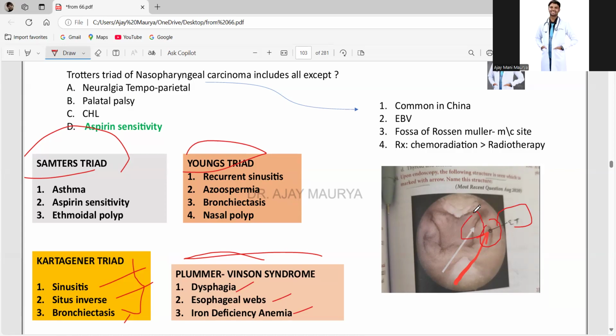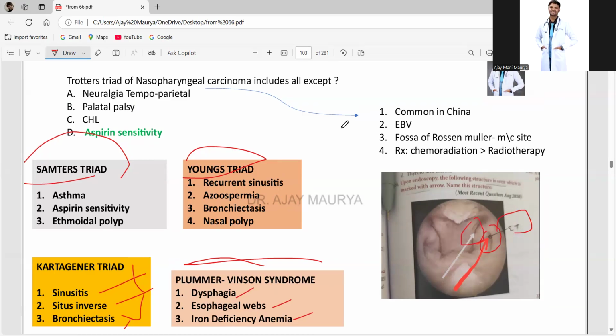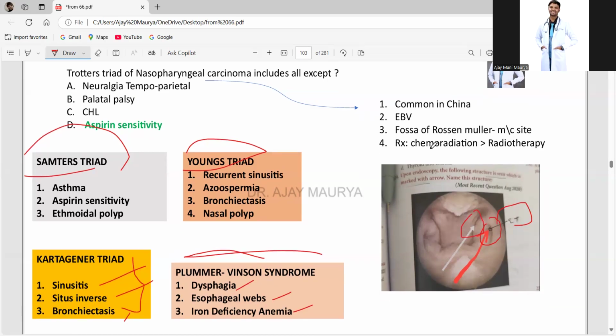Now, the fossa of Rosenmuller is the most common site for nasopharyngeal carcinoma. They are just going to mark it in the exam and ask what tumor is going to arise from this one.